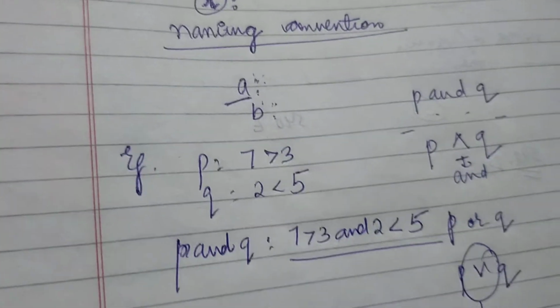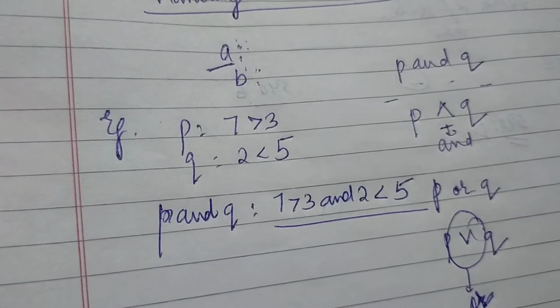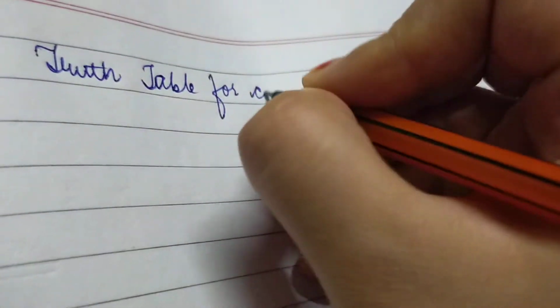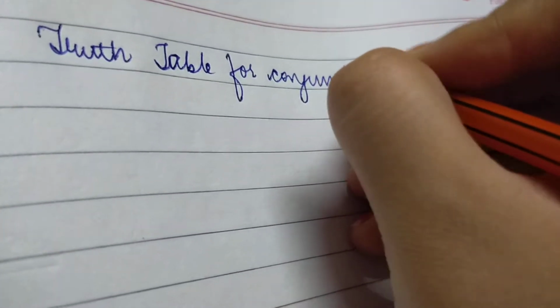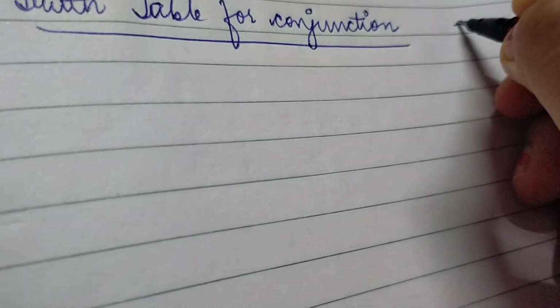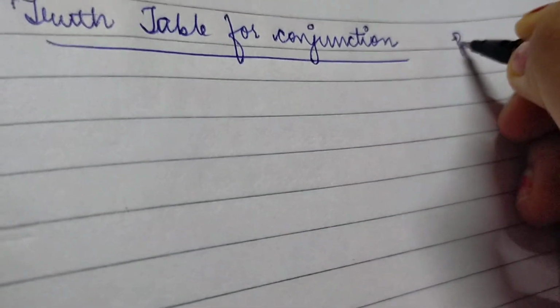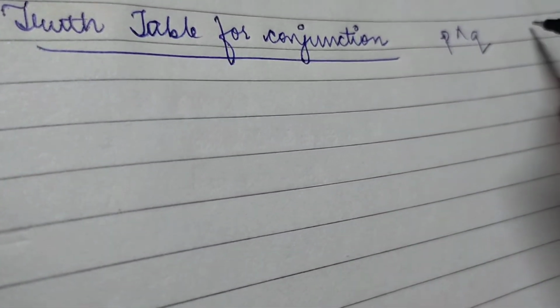What are truth tables? We'll understand in a very simple way. And is represented by this symbol.